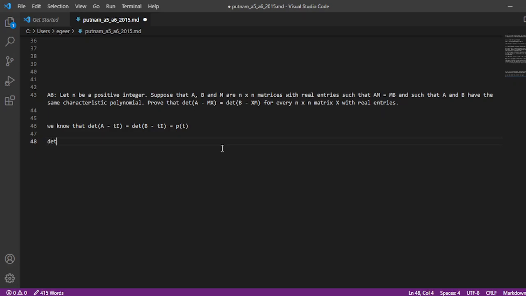So for starters, we want to show A equals M equals that B equals M. So we want to show a plug-in T equals M here. But even this is actually not trivial to show.